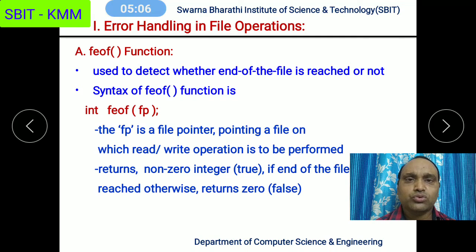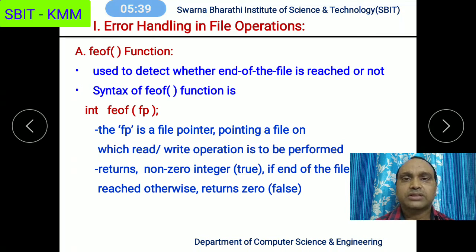Because if you cannot detect the end of the file, you go on reading the contents of the file beyond its end. This mistake cannot be identified either by a C compiler or by the operating system on which you are working. The responsibility lies completely on the programmer who is writing the program for reading the contents of the file.